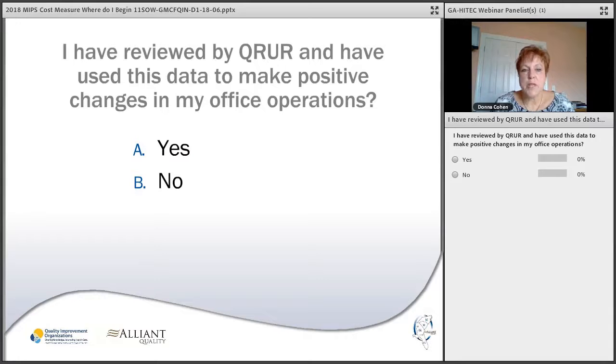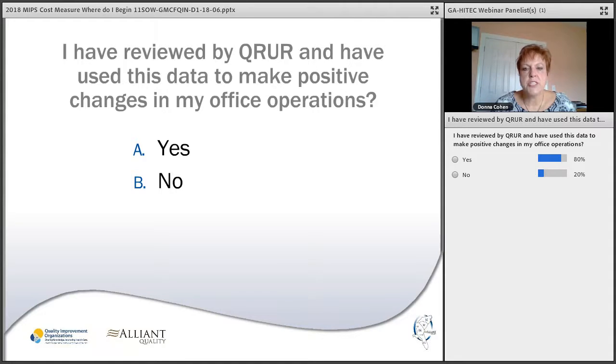So, last polling question: I have reviewed my QRUR and have used this data to make positive changes in my office operations. CMS asks us for feedback from the field all the time about whether this data is useful. So this is a great opportunity to share with me if the information contained in your QRUR report was useful.